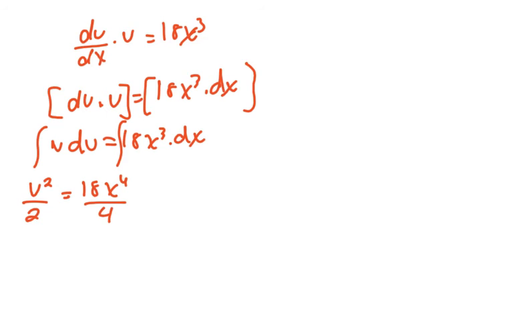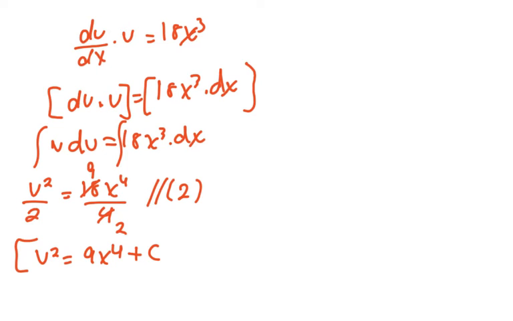So we have this. Half of 18 is going to be 9, so we have 9x to the 4th over 2. Multiplying by 2, we have v squared is going to be equal to 9x to the 4th. And yeah, but we got to include a constant. It doesn't matter where, but we got to include it sooner or later. So that's wonderful, because we have what we were looking for.